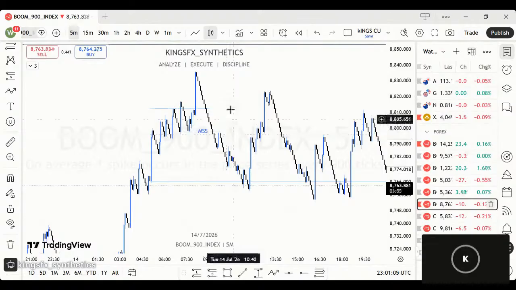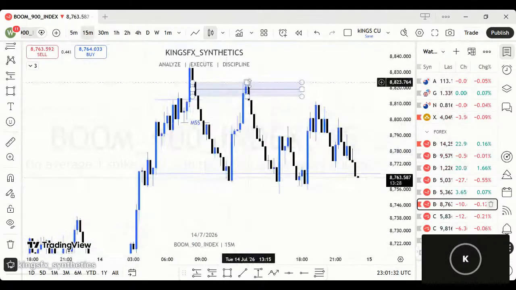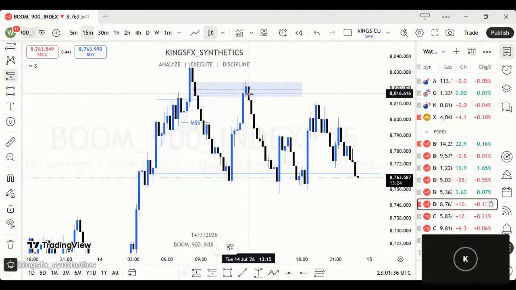Can you see why I entered the trade, and can you see why the accuracy was so much? Now, I knew price is coming back to this level, which is why I set my sell for this level right here, and set my stop loss right above this zone.